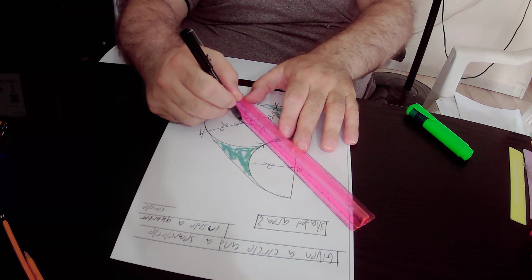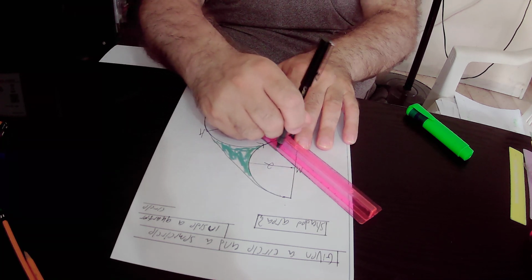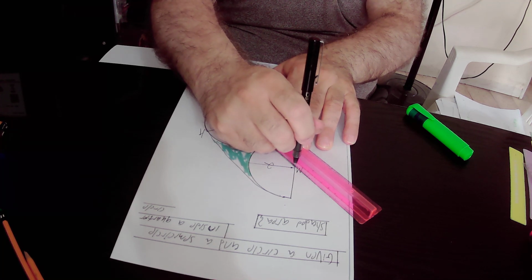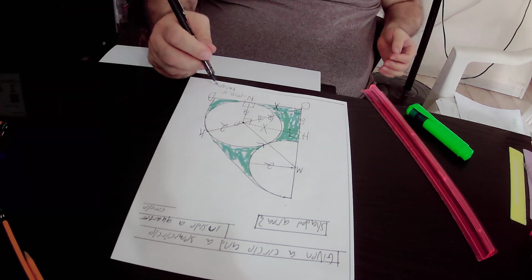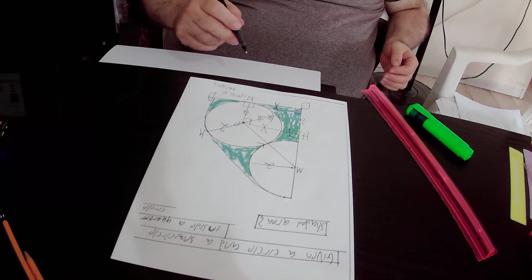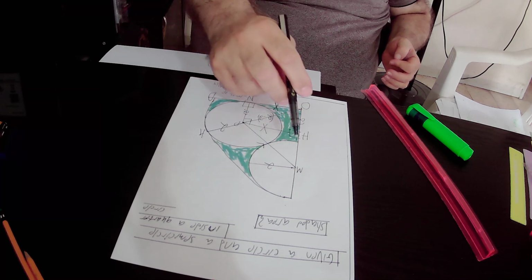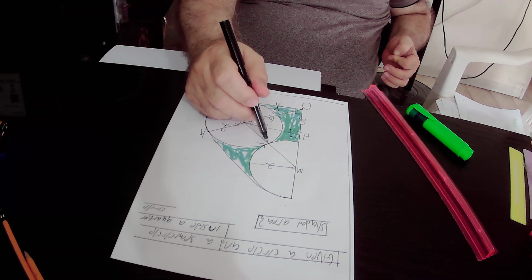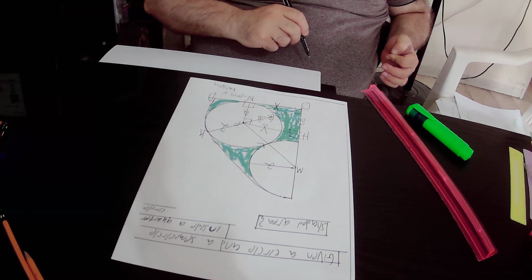So you can see here the straight line MP that joins the two centers together passes through point L, that is the touching point of the circle with the semicircle.